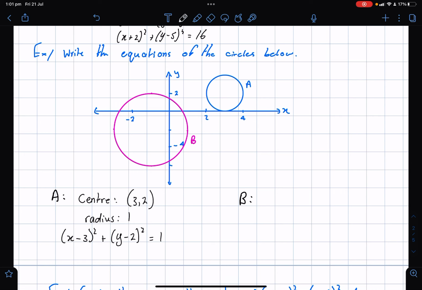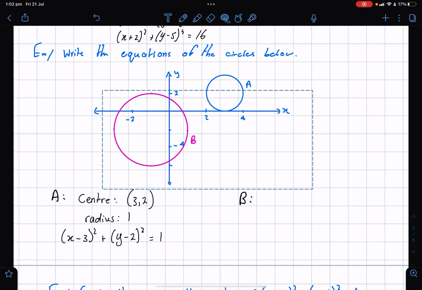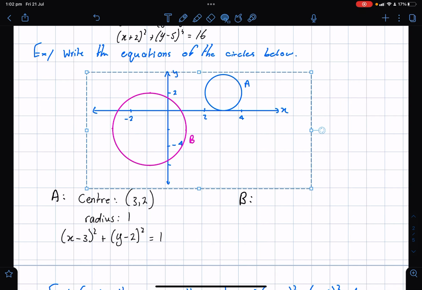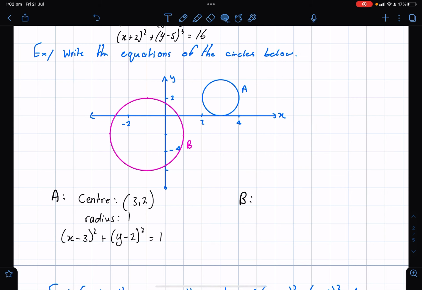Now, circle B, that has a center about here, which looks to be, if I maybe move it over just a touch, I might be able to see a bit clearer where that center is. It's here, so (-1, -2) is my center.